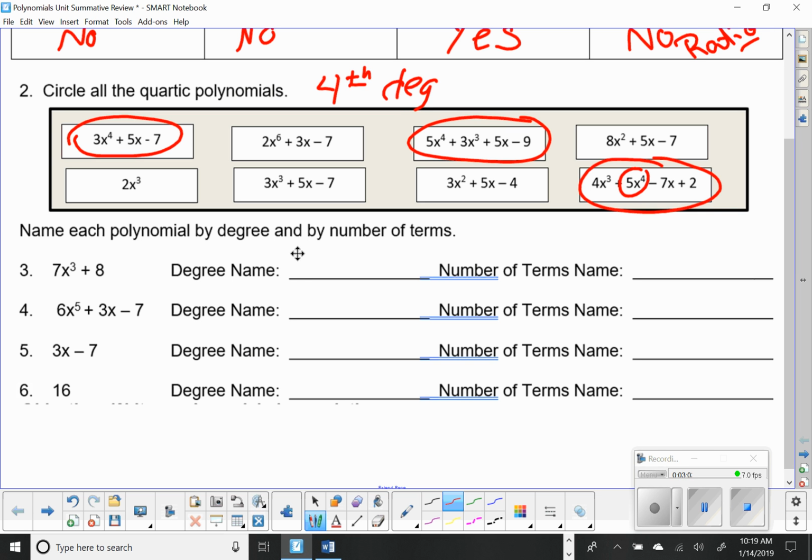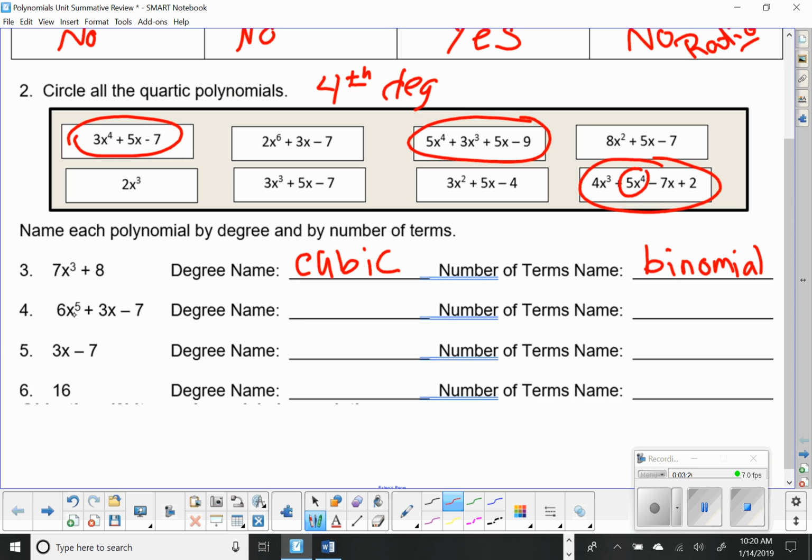The largest degree here is 3. So this is a cubic. There are 2 terms, so this is a binomial. Remember, 1 term is monomial, 2 is binomial, 3 is trinomial. Anything more than that is just a polynomial with so many terms.